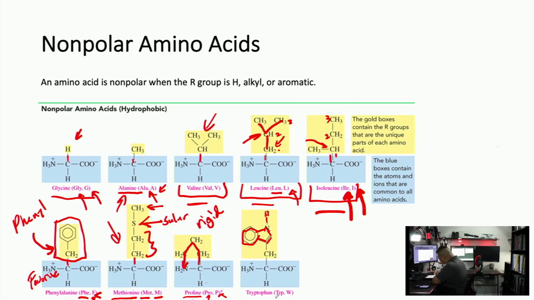Tryptophan's 3-letter designation is TRP, and this is hard to remember. Its single-letter designation is W. I promise the only reason it's like that is because T was already used for something else. All right, let's keep on going.